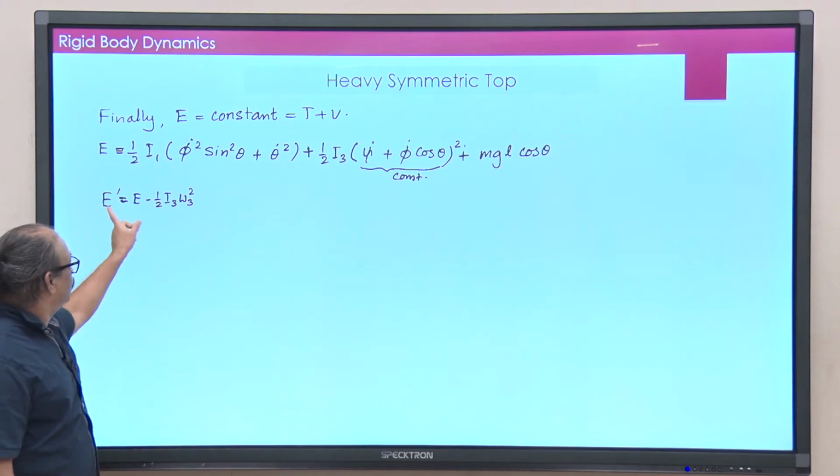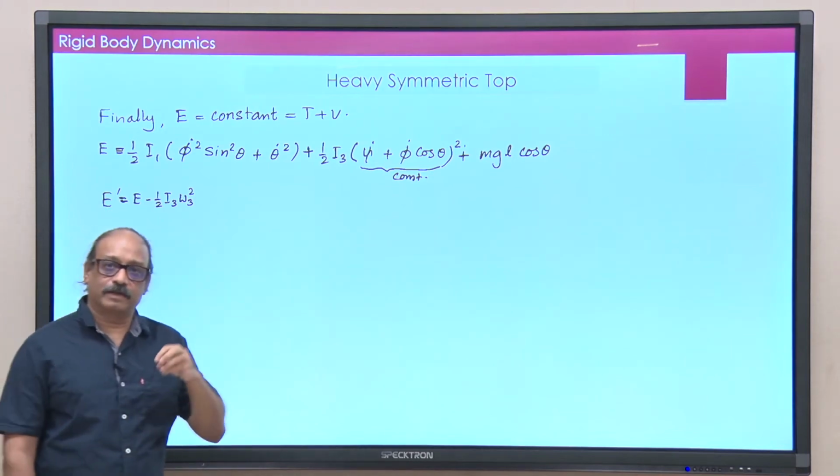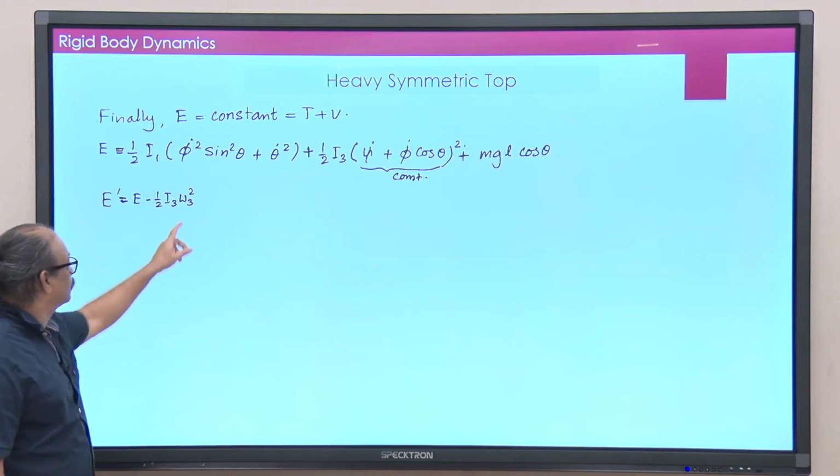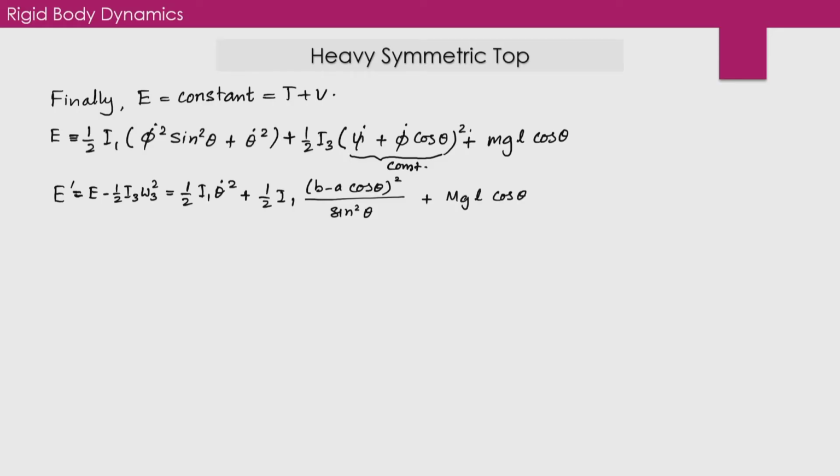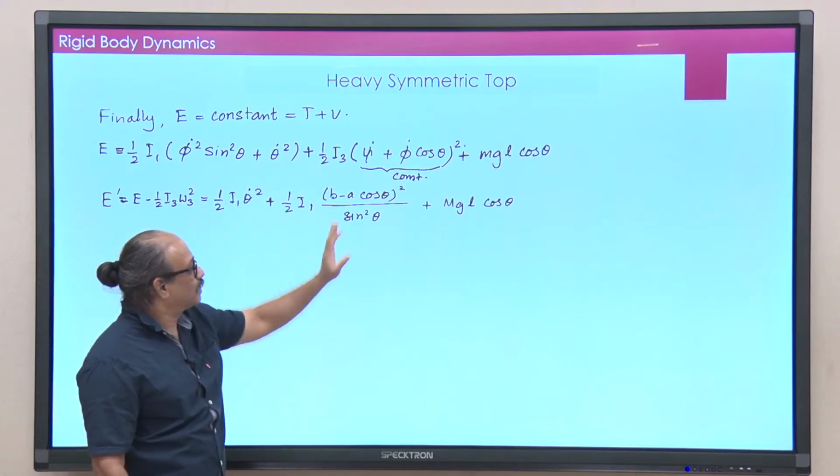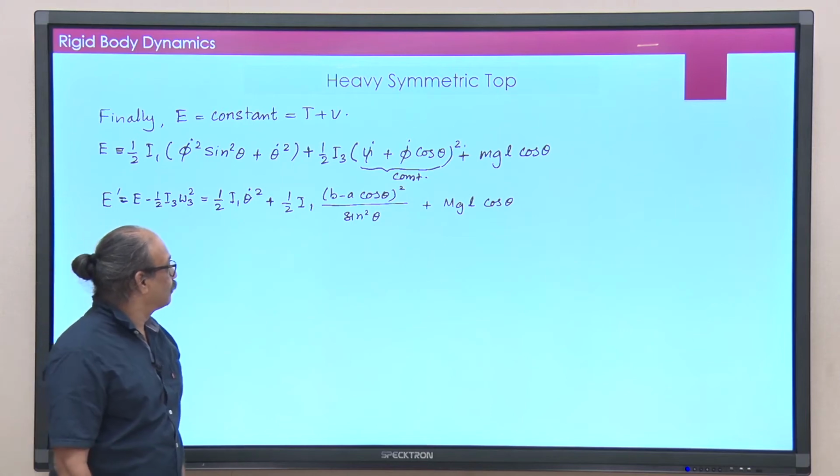So, E prime also must be a constant because omega 3 is a constant, and this of course, after expanding this bracket, I will write it as half I 1 theta dot square, and then you transfer all the terms along with psi dot.